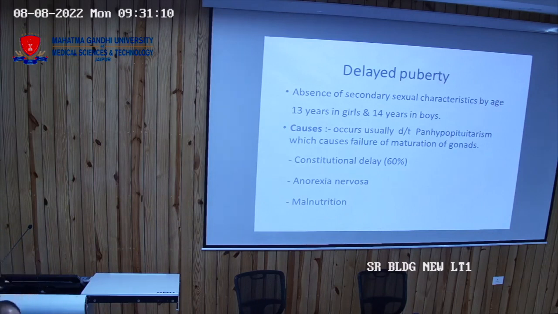Females are usually preoccupied with their weight, whether I am gaining weight; they start thinking of themselves as having more weight. So what happens? She intentionally reduces intake. That's why it is called anorexia nervosa. Bulimia nervosa is also one. What is that? She starts vomiting intentionally. Then among the causes, malnutrition also.